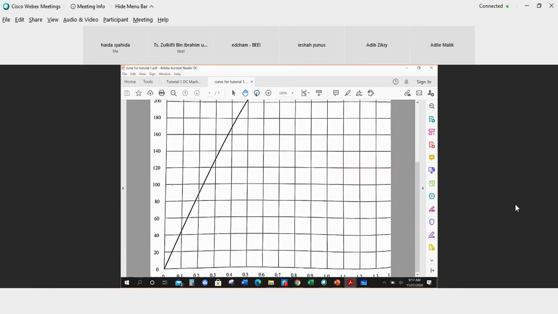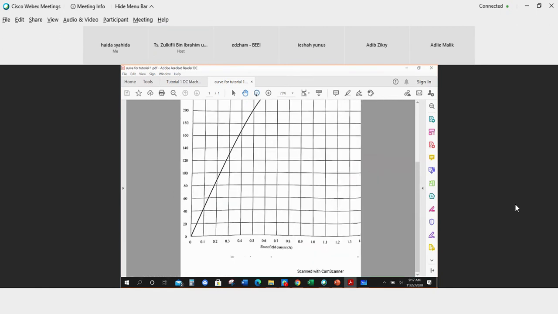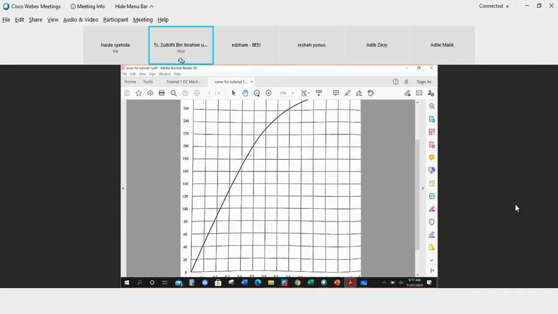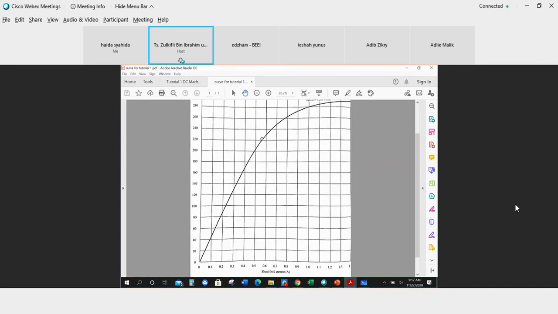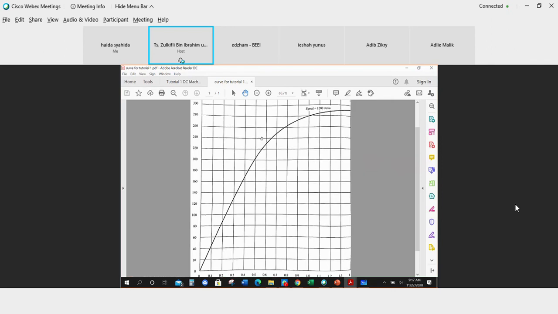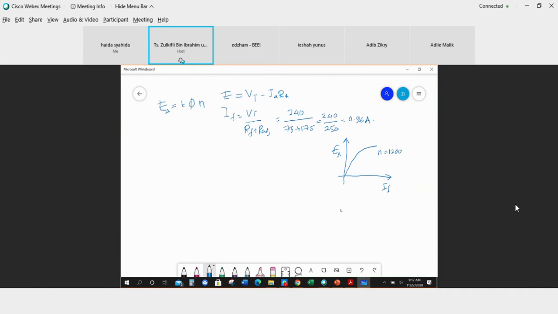If we look at the solution, at 0.96 IF, your generated voltage will be, for example here, your IF is 0.96, so your EA will be equal to 277 V from that figure earlier.